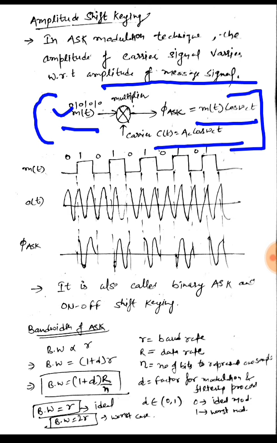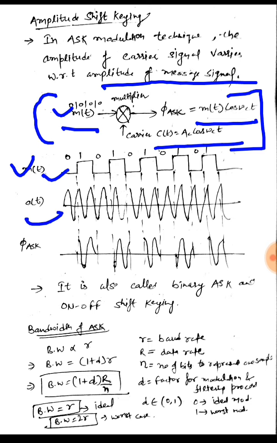Let us understand it with the waveforms. If this is our information 0 1 0 1, where 1 represents the high voltage and 0 represents the low voltage, this would be our bit stream or the digital information.